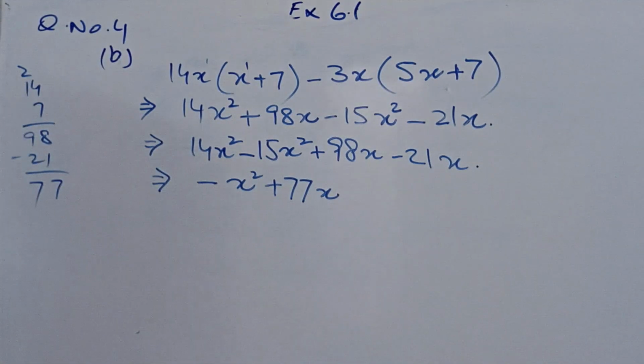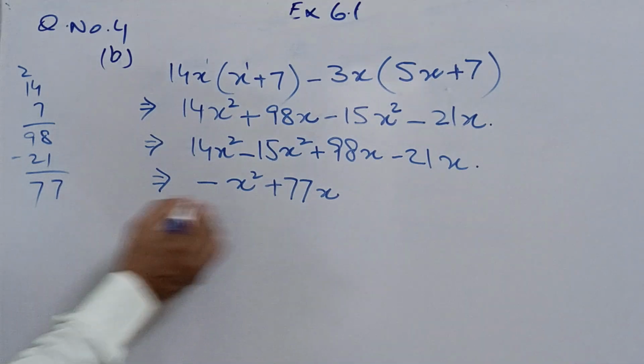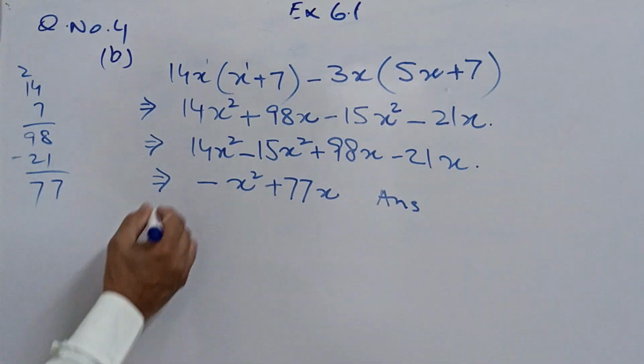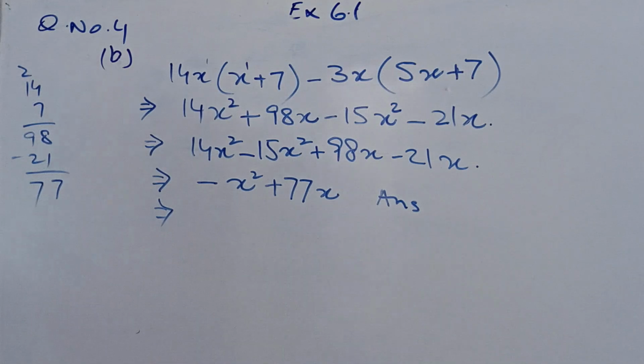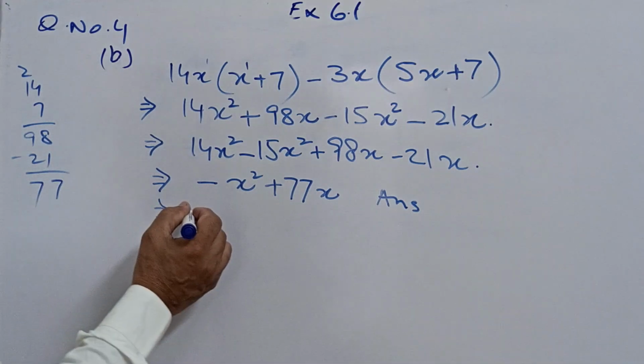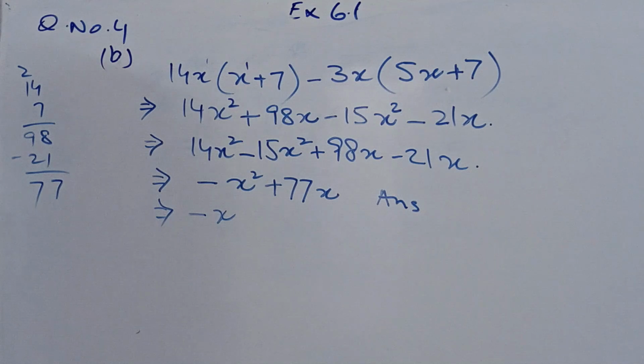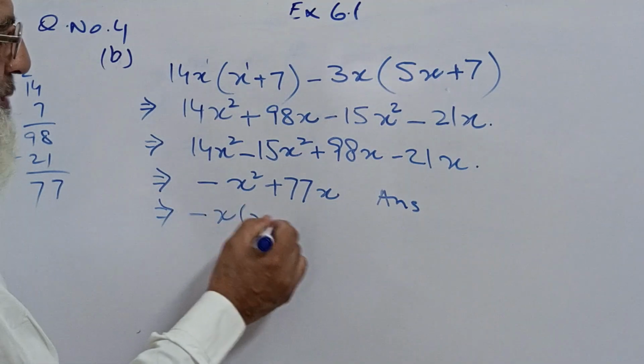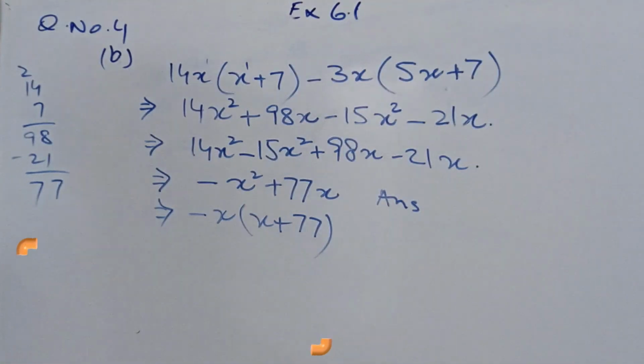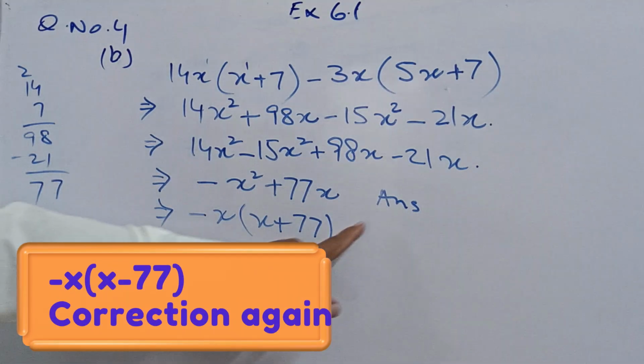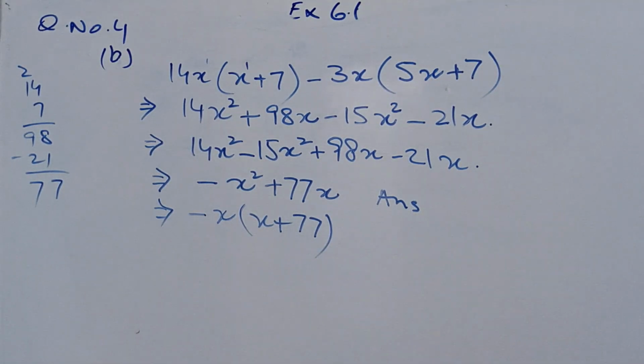Now this is our whole story. And again, if you want to know, this is the answer. And if you want to go for more simplification, you can also do it like this. Minus x square plus 77x is your answer. In your book, maybe this answer will be given. Let me check it out. Minus x square plus 77x. Yes, this is the answer. This answer is given to you.